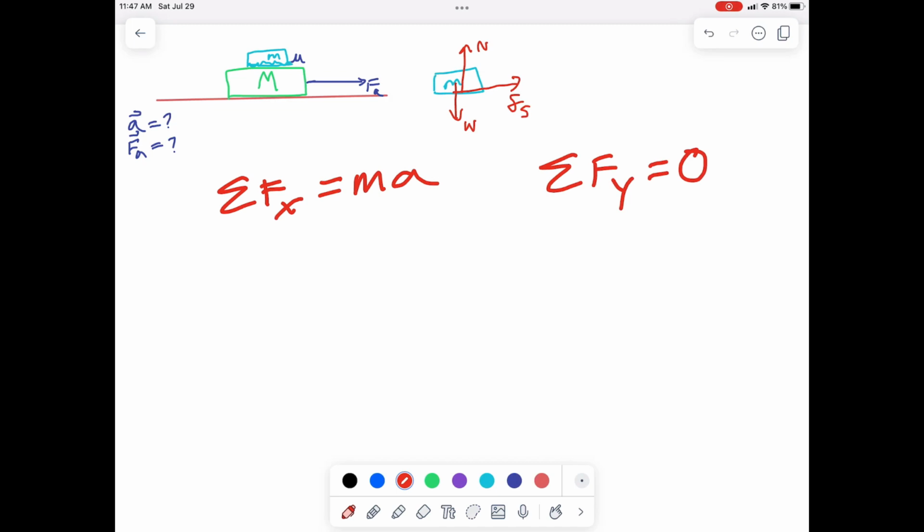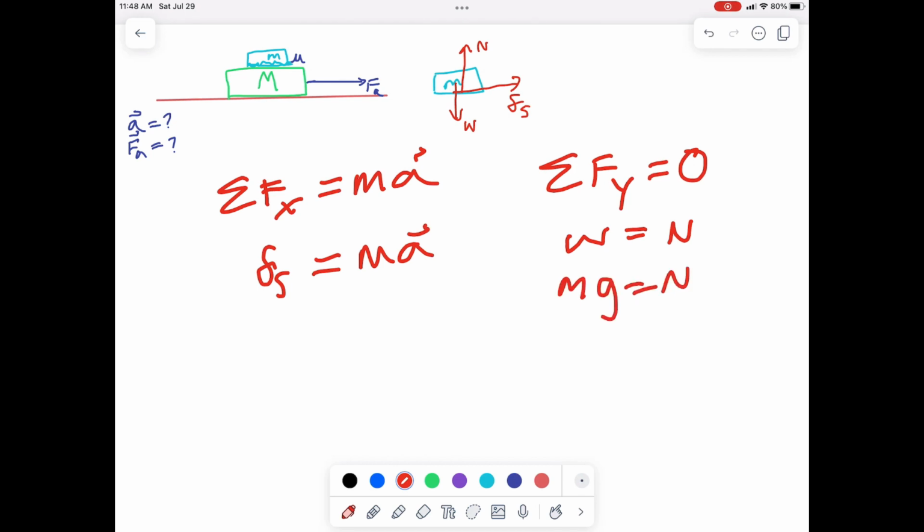So in my x dimension, I know from the diagram I drew that the only force acting in the x dimension is my force from static friction, and that's equal to mass times acceleration. Now in my y direction, I know that my weight must be equal to my normal force, and we know that weight is just equal to mass times gravity, so that's my normal force on the little block. And my little block is of mass little m.